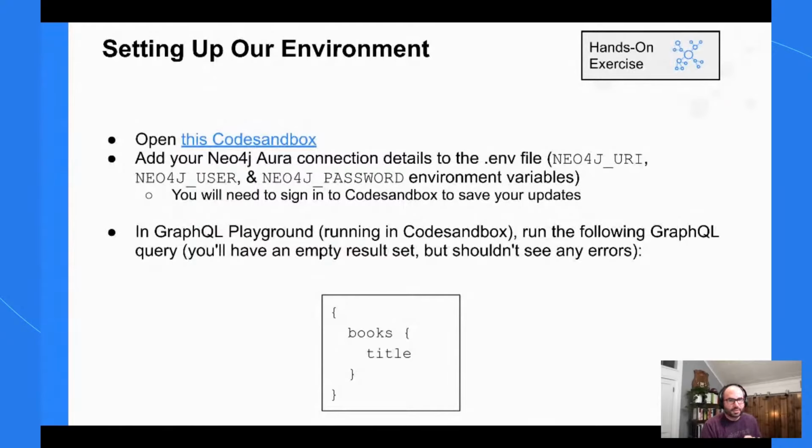And if you just get an empty array and no error, then you should be good to go. So we'll pause here for just a couple moments. Let us know in the chat also if you are good to move forward as well. It's good just to take a poll of where everyone is.